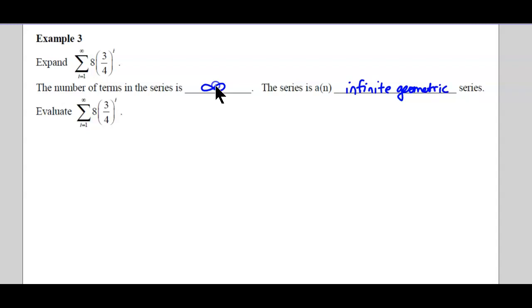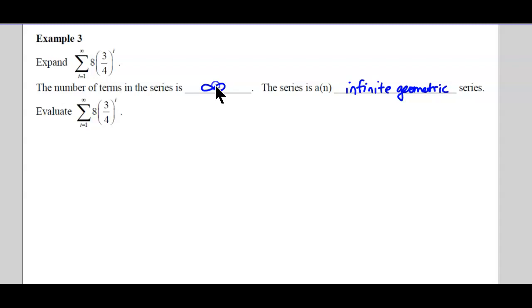Okay, so you can have infinite of any series, but you're only going to be finding the sum of infinite geometric. Okay, so remember what the R value has to be. Less than 1.